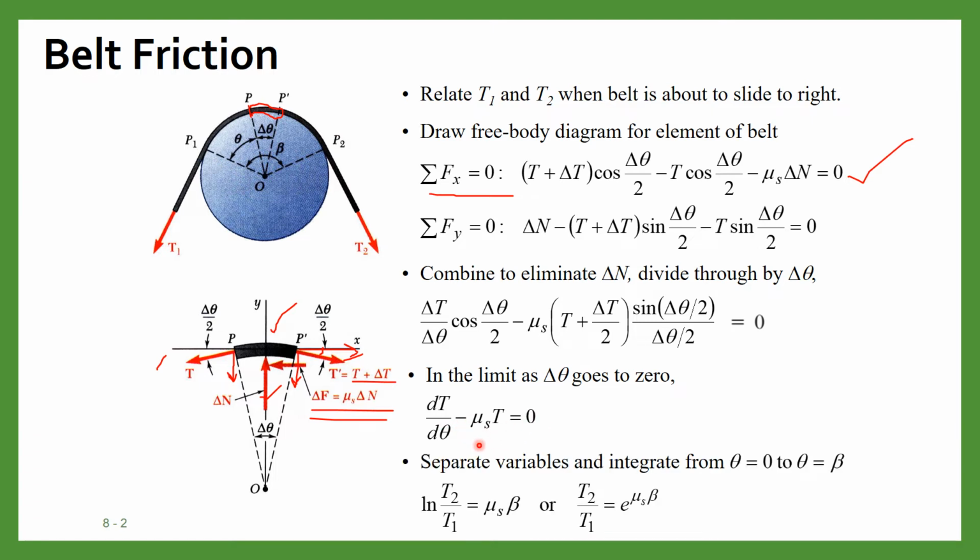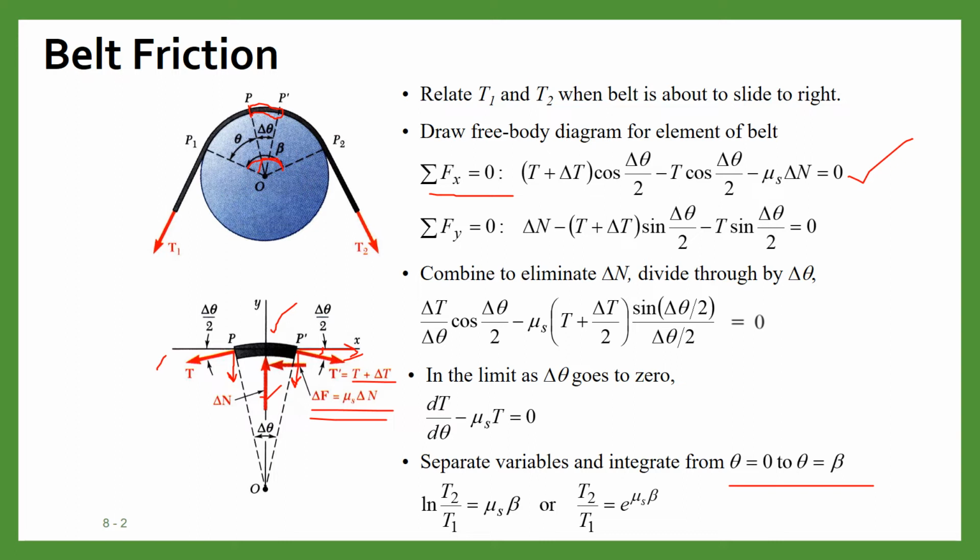You can easily solve this using the variable separable method, and integrate it from theta equal to 0 to theta equal to beta, because your angle is changing; the maximum angle is beta and the minimum possible angle is 0.